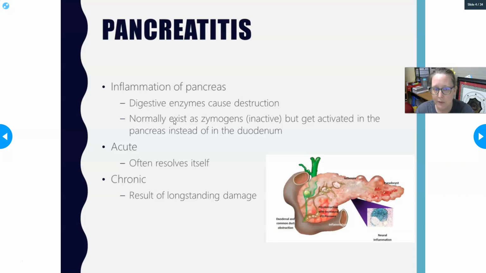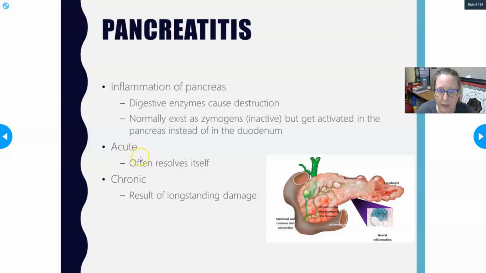What happens oftentimes is that there is something that causes a blockage. Stones are pretty common, and they block the digestive juices, which causes them to activate in the pancreas itself instead of inside the duodenum where they're supposed to activate.